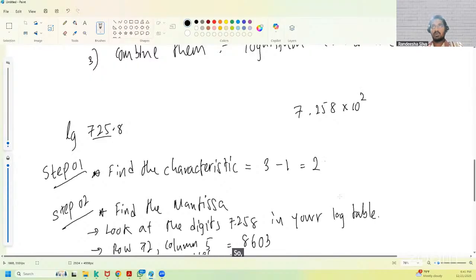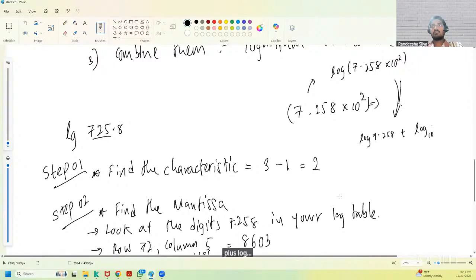In the logarithm laws we discussed something special: in logarithms, multiplication becomes addition. If I take the logarithm of this, it will be log 7.258 times 10 squared, which is log 7.258 plus log 10 squared to the base 10.